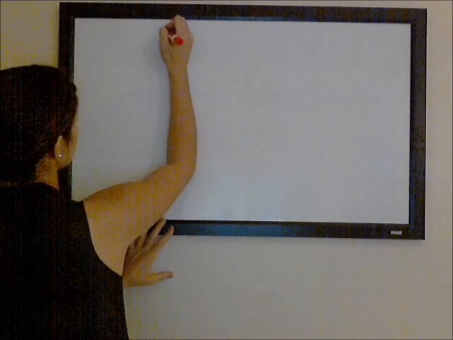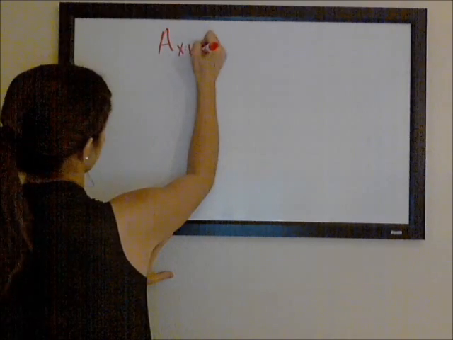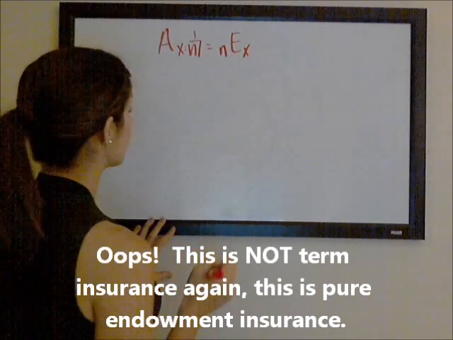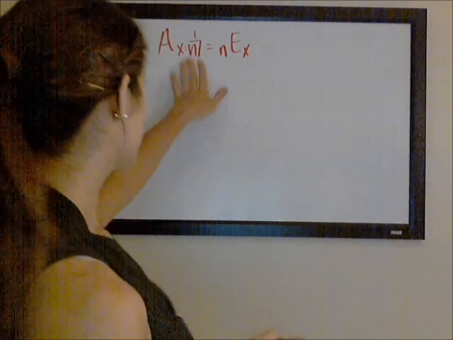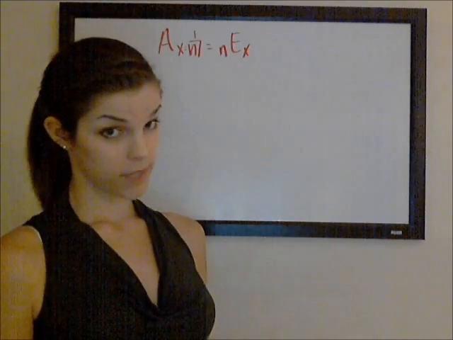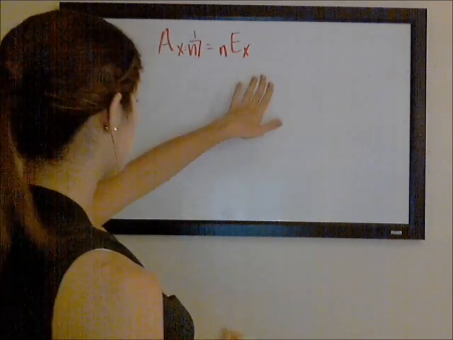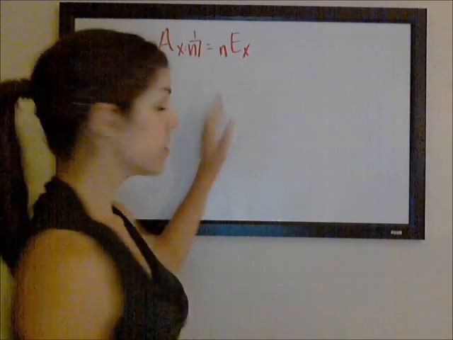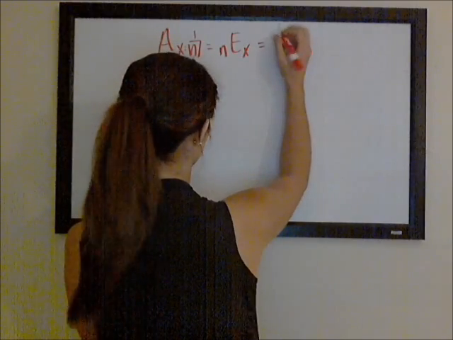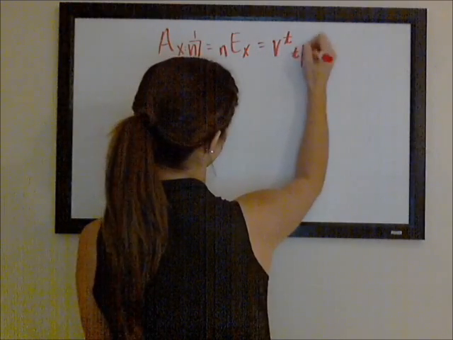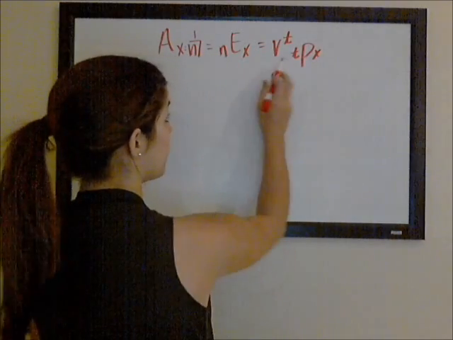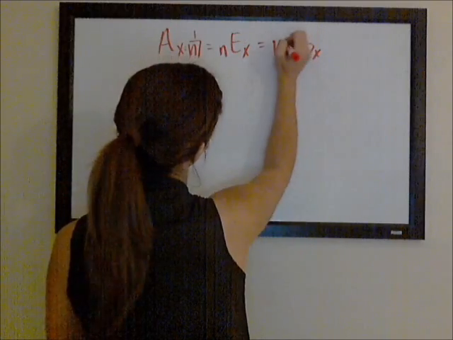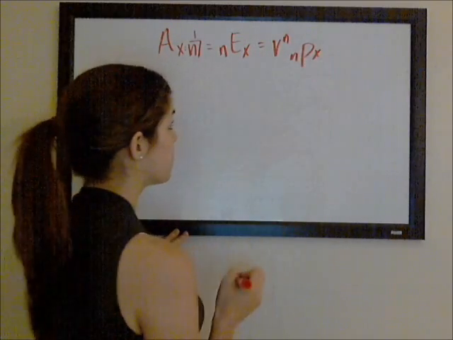A couple more. If you're looking at a term insurance, another way to write this is the pure endowment, nEx. That's just a payment of 1, assuming that your benefit is 1, at time n if you survive to that point. So that's just going to be v to the n times nPx, our payment of 1 discounted with interest n periods if you live to time n.